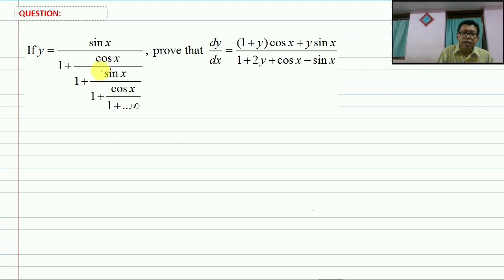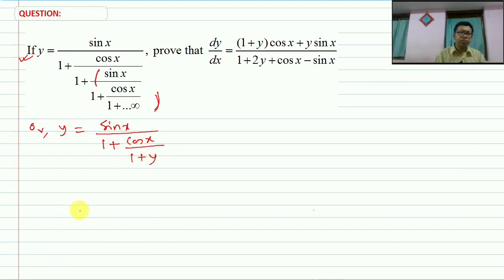That means after this part the terms are the same as the given y function. So y is equal to sin of x divided by 1 plus cos of x divided by 1 plus y. Now you have to make an LCM here in the denominator.